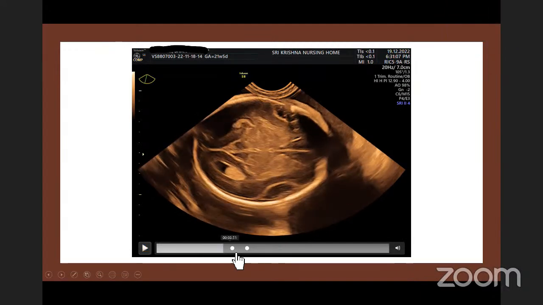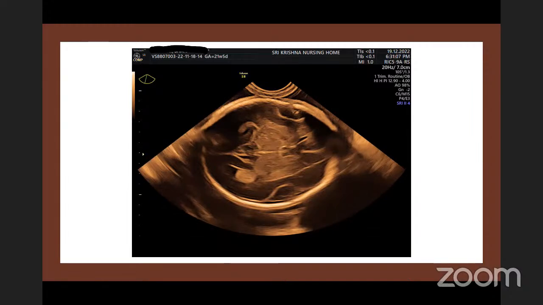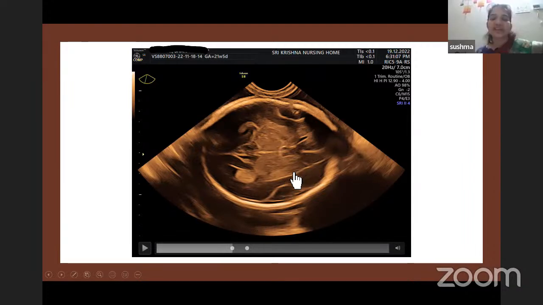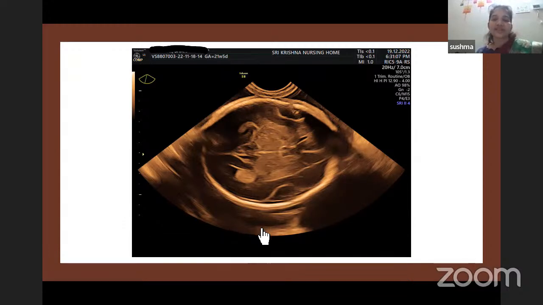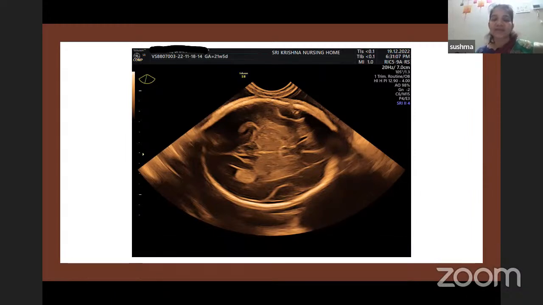Yes, ma'am. We got two answers. Transventricular by Dr. Mallika Sunil Joshi and Dr. Alka Patil. Yeah. So here, what is this plane again? This is the same as we have seen before, that is transventricular.